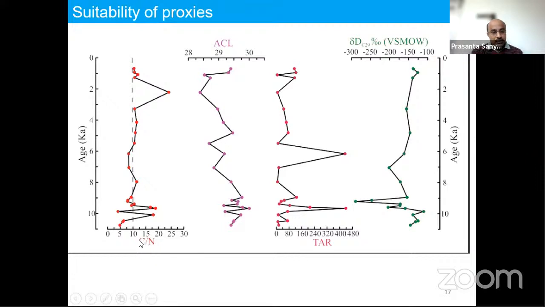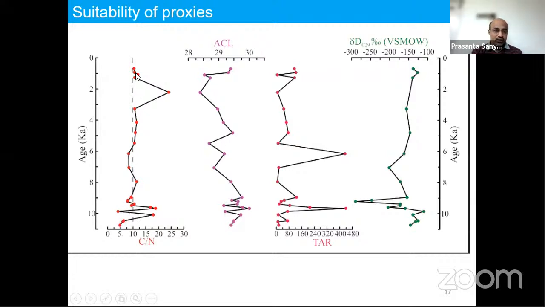If the C/N ratio is very high, more than 10, then you can conclude that the organic matter is mostly derived from terrestrial higher plants, that is the C3, C4 plants. If the C/N ratio is low, less than 10, then in most cases the source of organic carbon is in situ, that is, the organic carbon was produced within the lake.